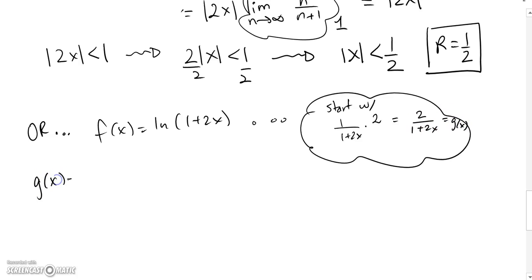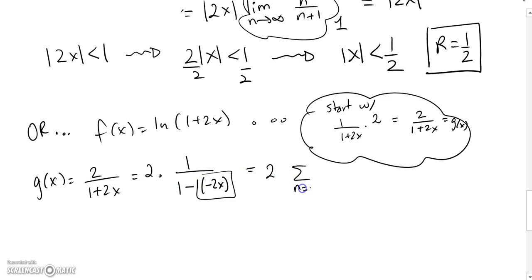So if I start with this guy, I can write that as 1 over 1 minus box, and then this will help me rewrite that as negative 2x to the n. And then we can quickly clean that up a little bit. So that's negative 1 to the n inside, and then I also have a 2 to the n. I'm also going to move this guy in. That's going to be 2 to the n plus 1, x to the n. So that'll be my g of x.